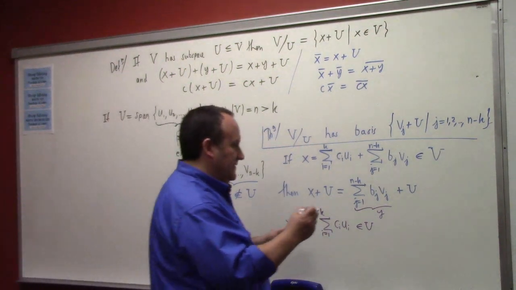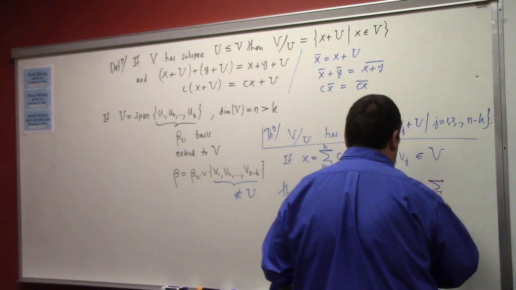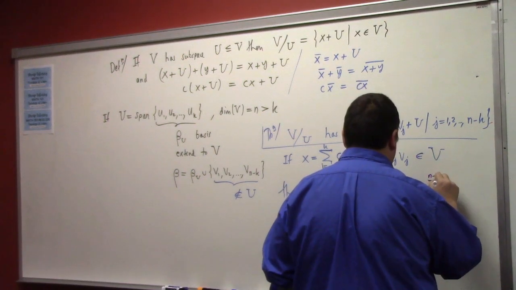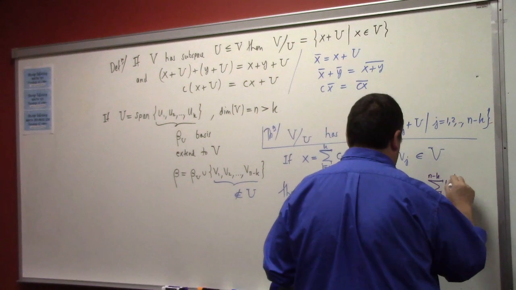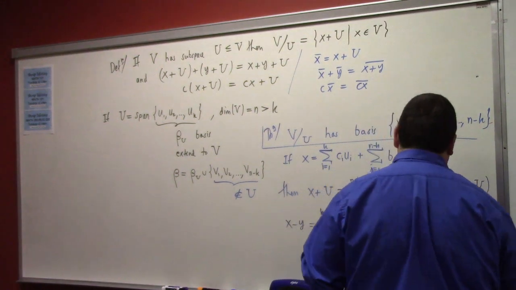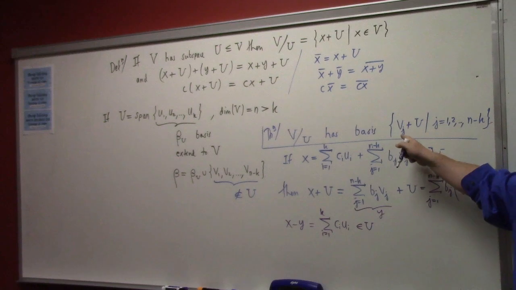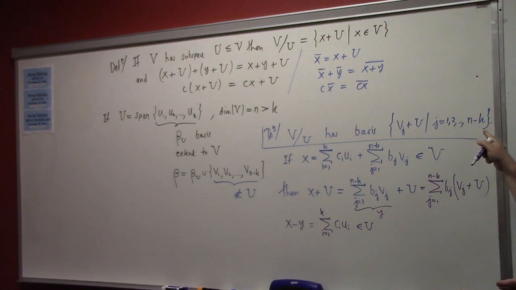But this, by the definition of addition in the quotient space, is the sum j equals 1 to n minus k of b sub j times parentheses vj plus U. So this proves that that right here is a spanning set for the quotient space.